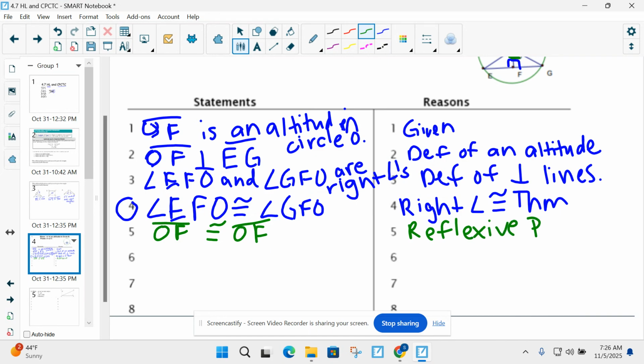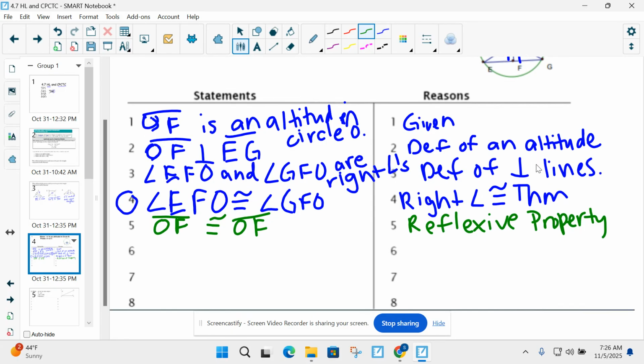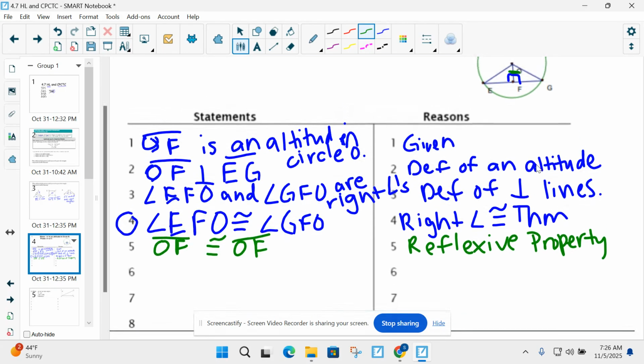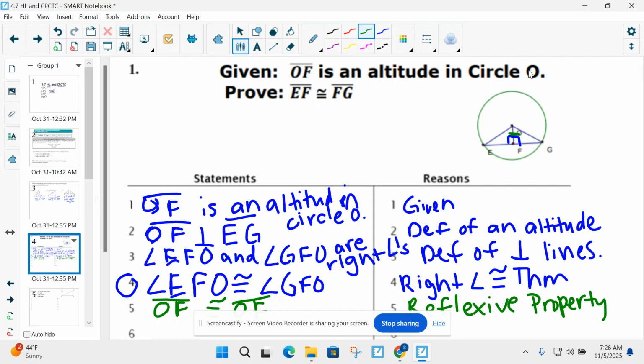And then the other thing about circles is that the radius of a circle is always congruent. Circle O is how you name the circle. The way you name a circle is by naming the center. So O is the center of the circle, meaning that OE and OG are both radii, so they are congruent.